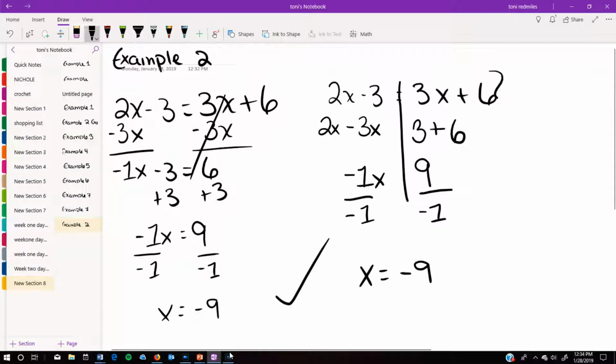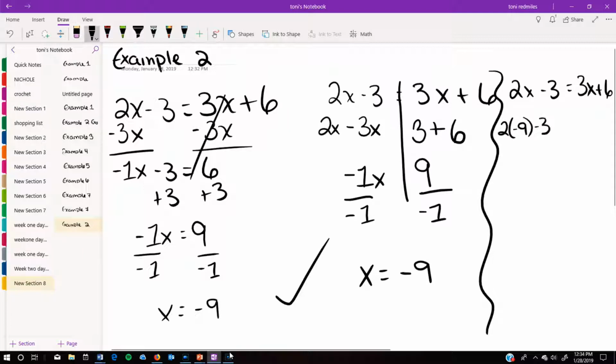I can also check my answer by substituting in the negative 9. So everywhere I see an x, this time I have 2 places that I have an x, and in both of them, I'm going to put a negative 9. See, negative 9 in parentheses, negative 9 in parentheses.